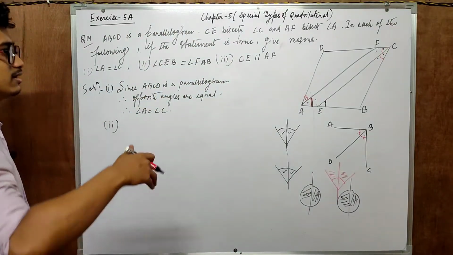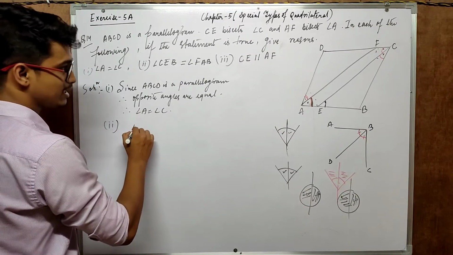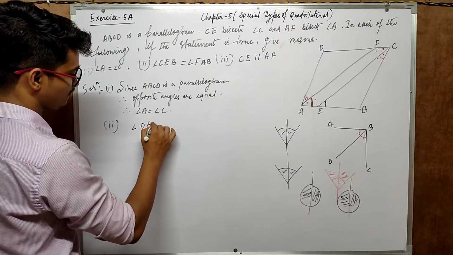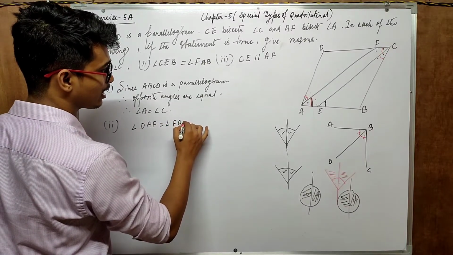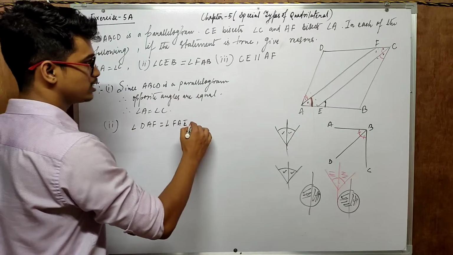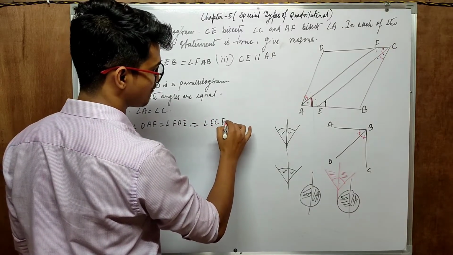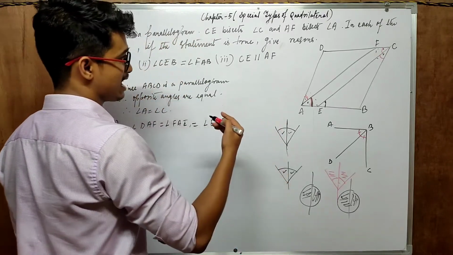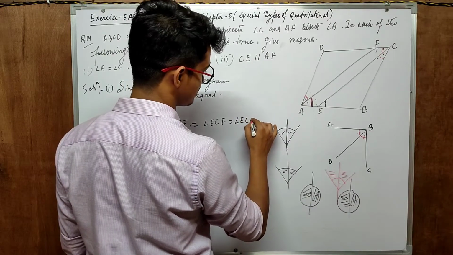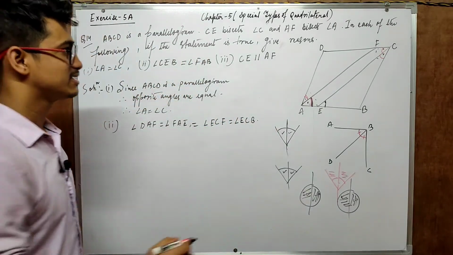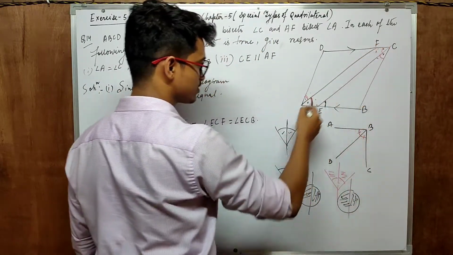Why I am telling this is because you see angle DAF equal to angle FAE, that is equal to angle ECF, and that is equal to angle ECB. Now in this case there are two parallel lines and one transversal.